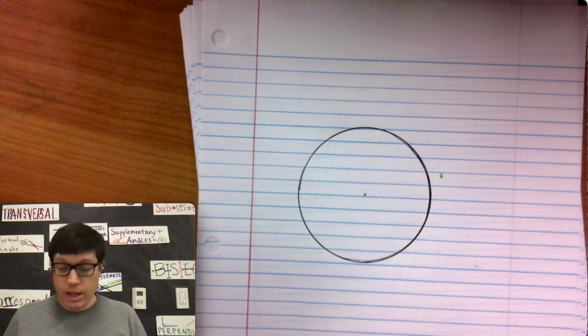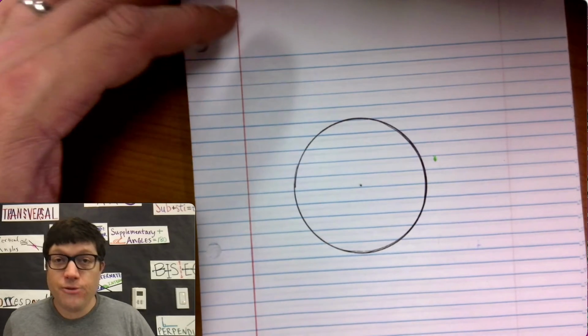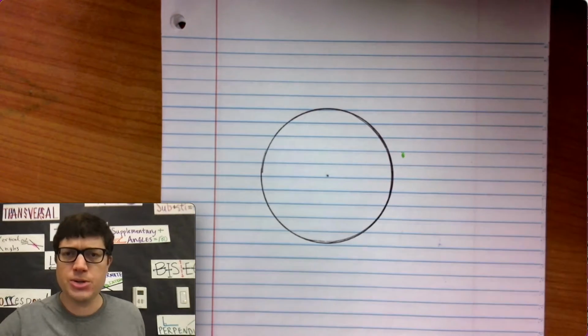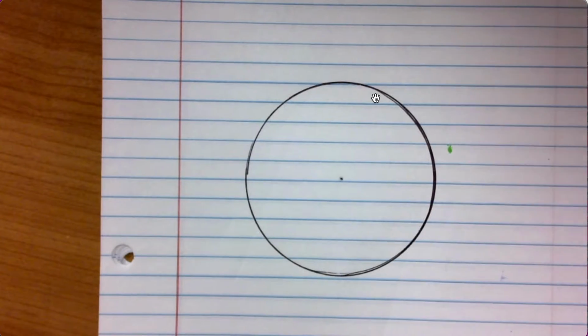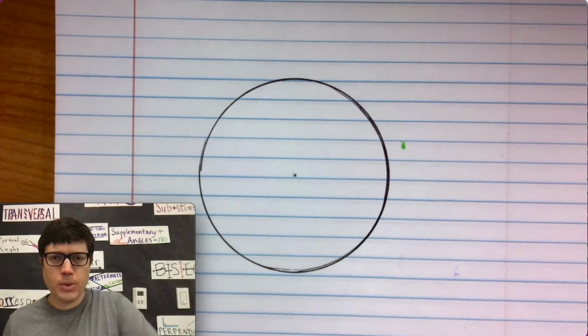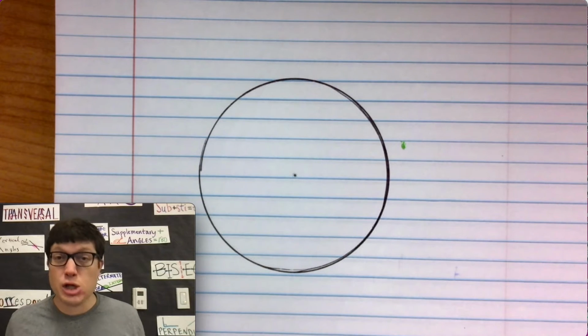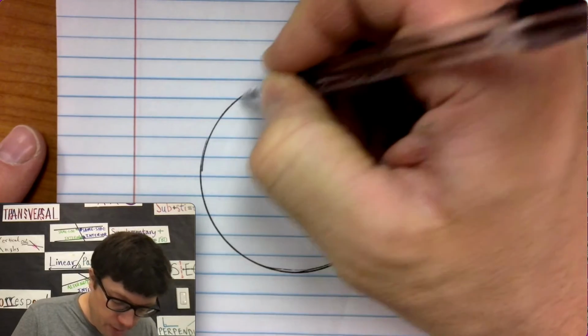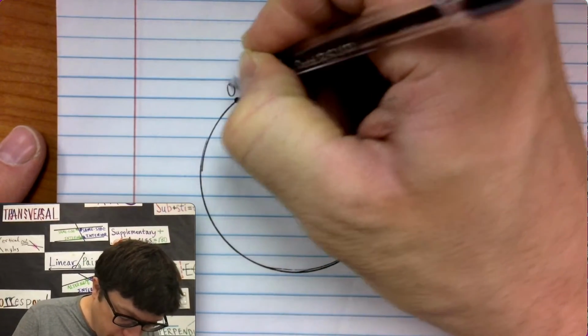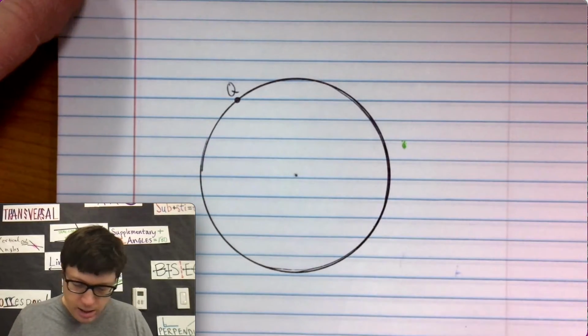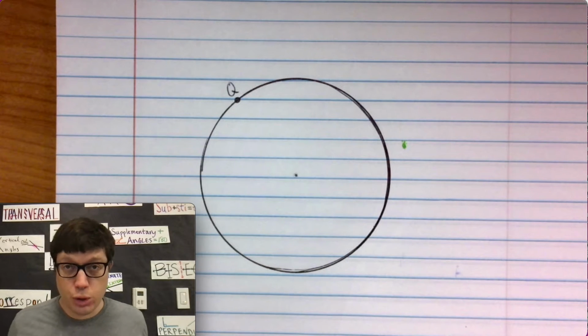Okay, now I need to actually mark 4 locations on the circle. Let me zoom in for a minute so you can see it a little clearer. I want to mark 4 spots on the paper because it's a quadrilateral, so I have to have 4 corners. Maybe I put a corner here, call that Q. And then I don't want to be too generic.